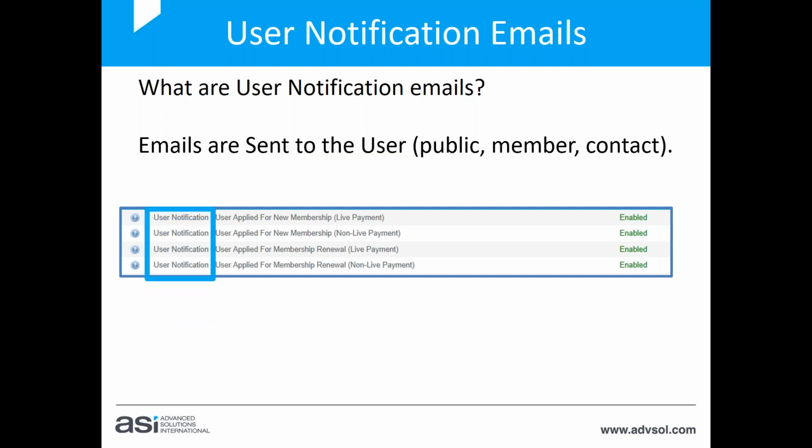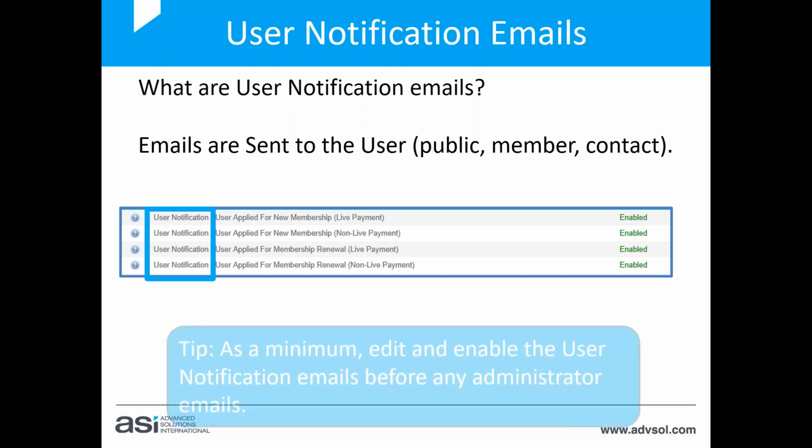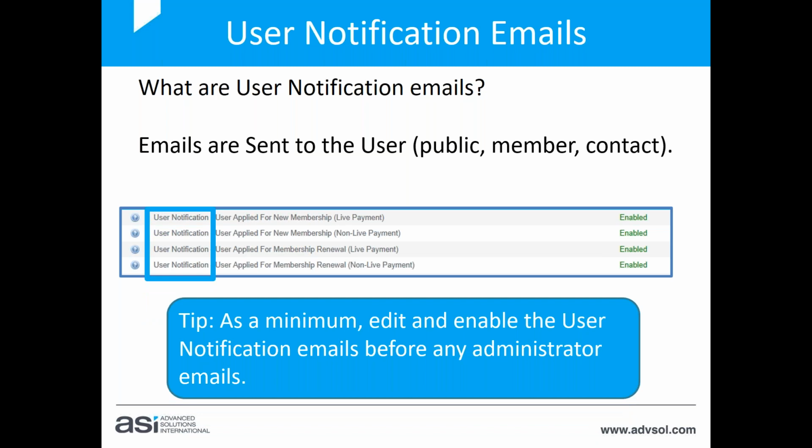They always have the prefix so you know that these are going to a user, because it says user notification. My tip for you is that as a minimum, edit and enable the user notification emails before you do any admin ones. If you're short on time and you haven't got time to get the admin emails done, just focus on the user ones to start with.